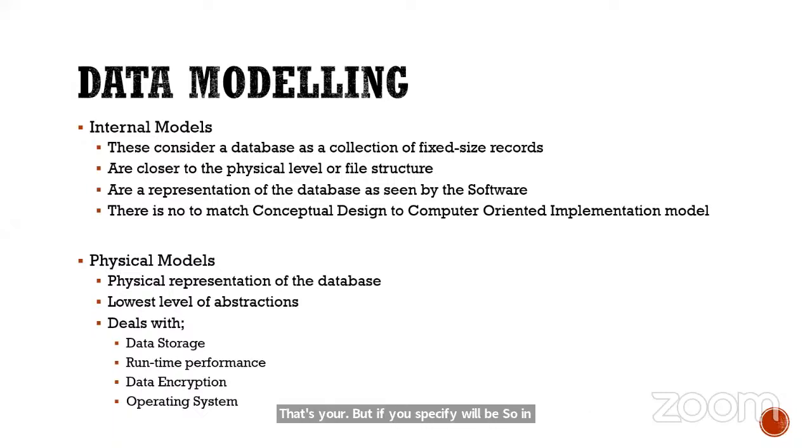So in internal models, you are looking at a database as a system of files of fixed size records. You know, in your laptop or on your system, every document is saved as a record, yes or no?